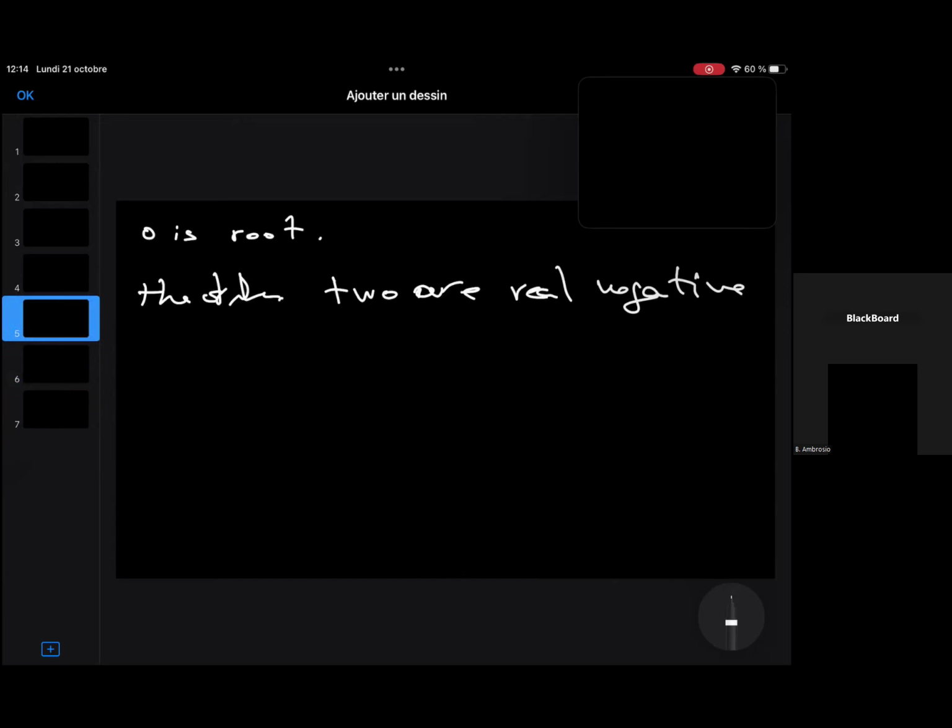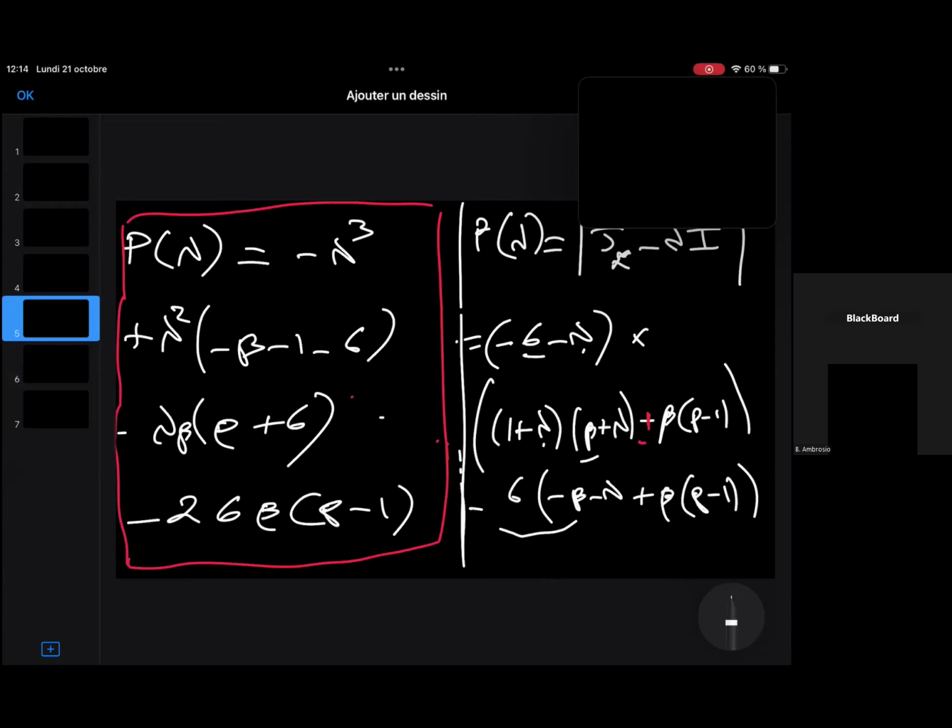And all right, now from this expression here, I see that the derivative of my p lambda is negative at 0, and p0 is negative if rho is greater than 1.